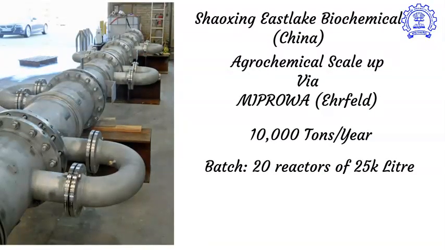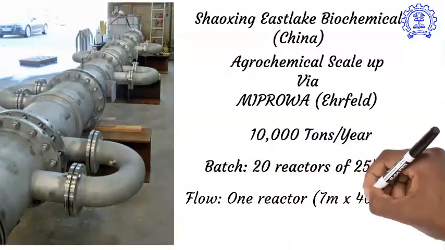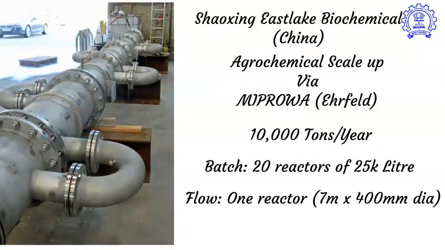This was replaced by a single Miprowar reactor, which was just 7 meters long and just over a foot in diameter. One can appreciate that the footprint of this reactor is so small that one can easily install this in any small chemical plant. This small footprint reactor could produce the required amount of the product.